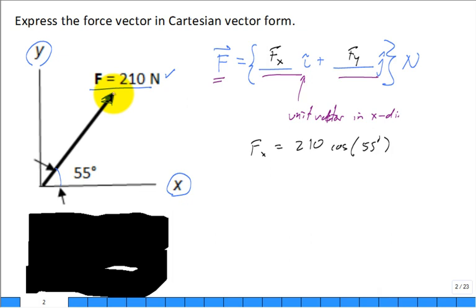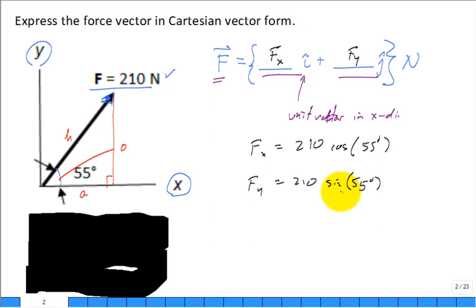From the ending of the force vector, we drop perpendicular down. We make a right triangle. This is the opposite, this is the adjacent, this is the hypotenuse. And so Fx is 210 times the cosine of 55 degrees. And then Fy would be 210 times the sine of 55 degrees.